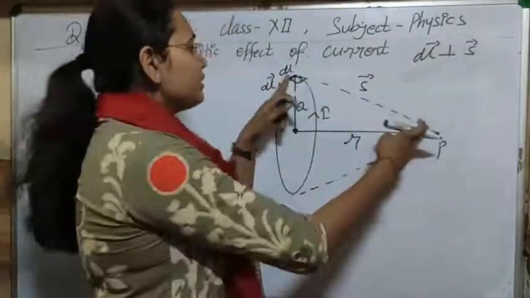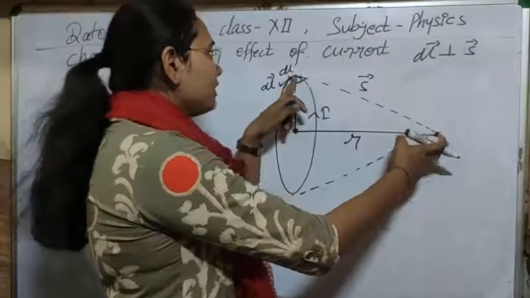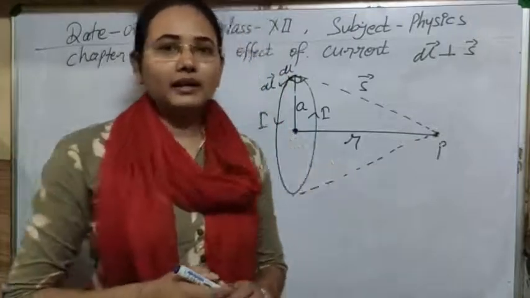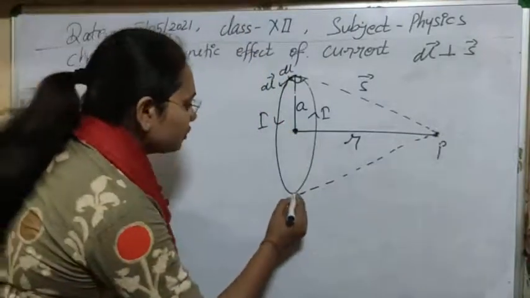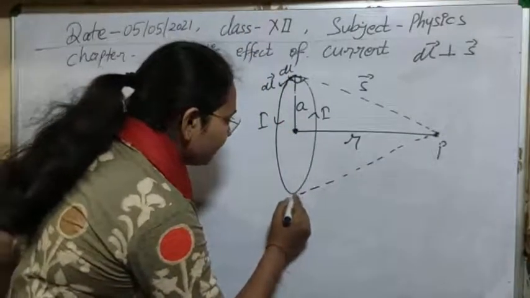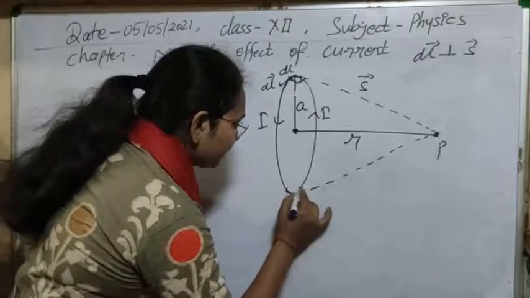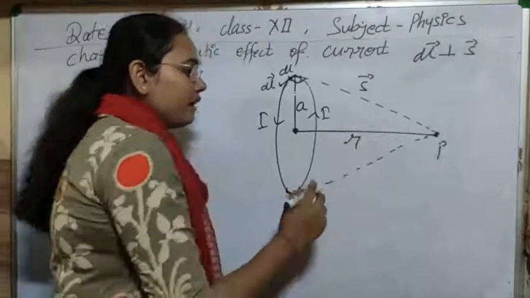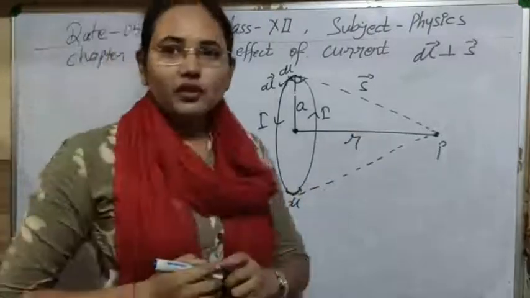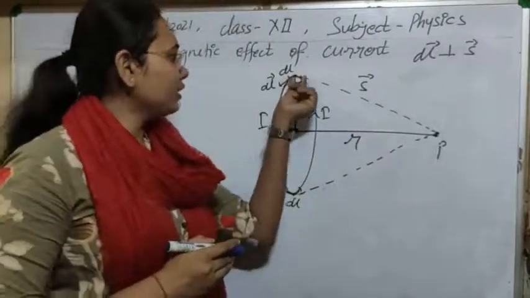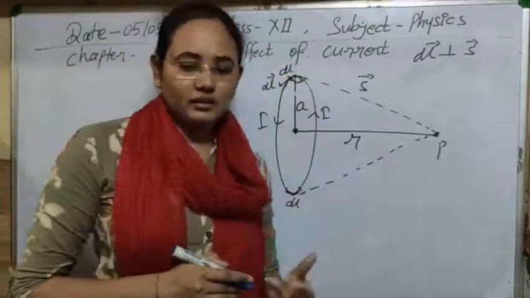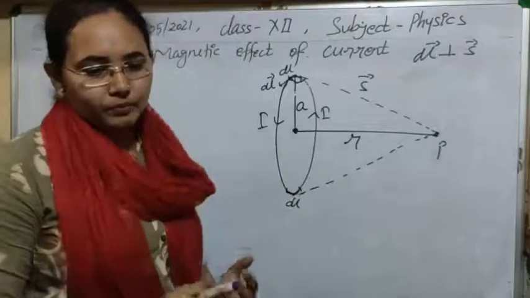This is the distance of the point from the current element dl, due to which we want to calculate the magnetic field. In the same way, at this point you can also select a current element dl, and it will be the same. First let's calculate the magnetic field due to this one, after that we will discuss the other one.